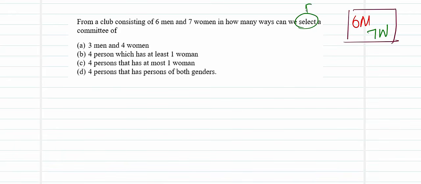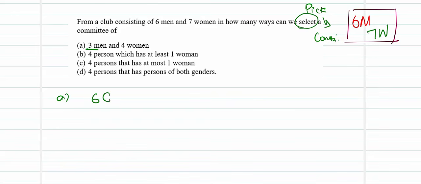Select means pick, and pick means combinations. So the operator we are going to use in this problem is C. I need 3 men from 6 men. In how many ways can I do it?